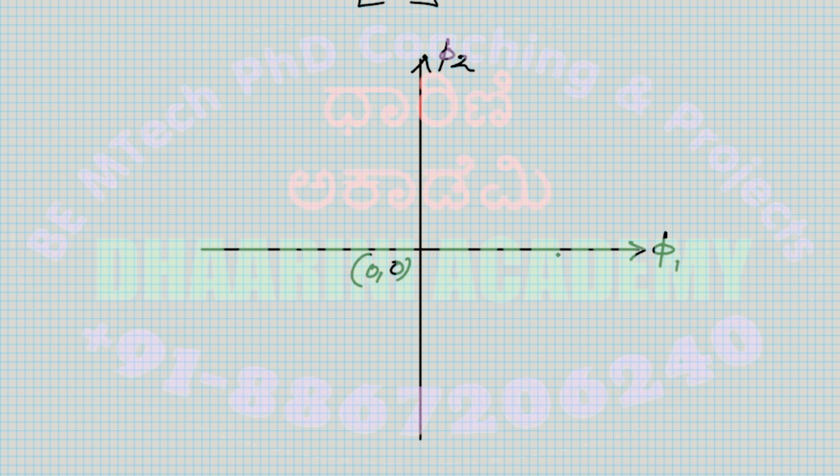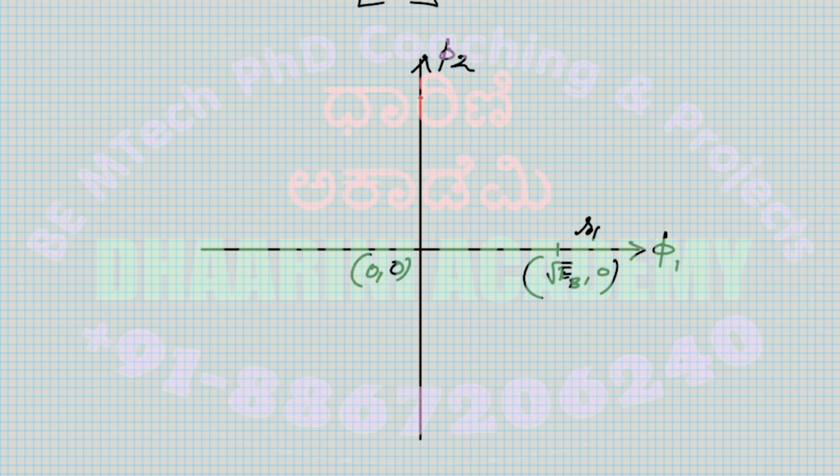Let me mark a point here. I am moving along phi 1 first, that is equal to root Eb, and I am not moving any distance along the y axis or the vertical axis, that is phi 2, so this is 0. So what is this point? Root Eb comma 0 is S1.